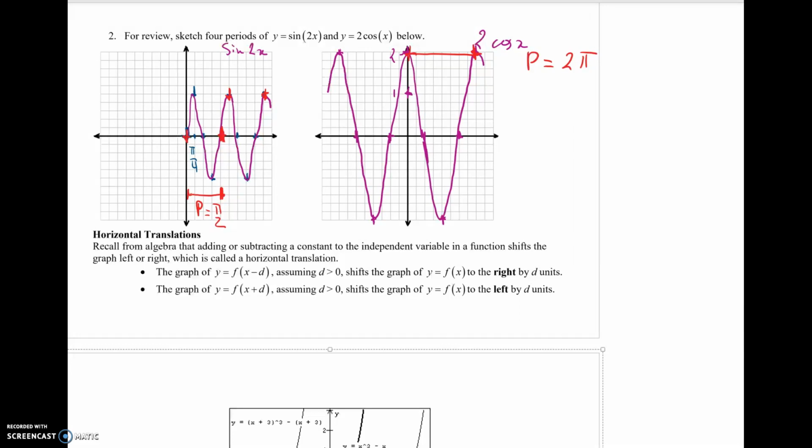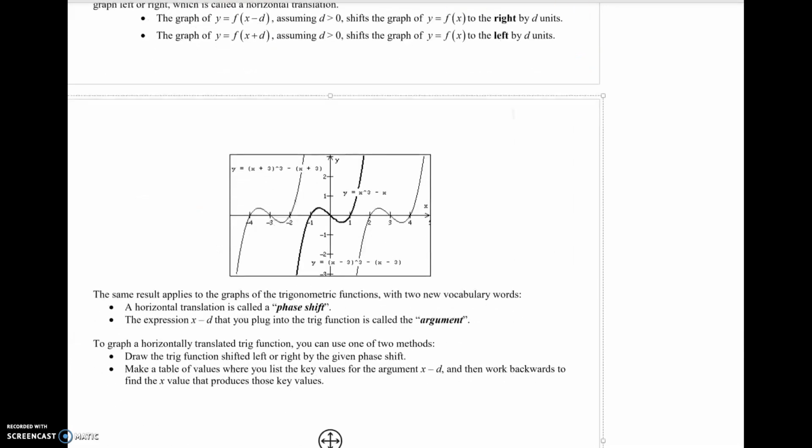So now look at the horizontal translation. If I want to recall from algebra, if you have y equals f of x minus d, you will have a shift to the right. And if you have y equals f of x plus d, you will have a shift to the left.